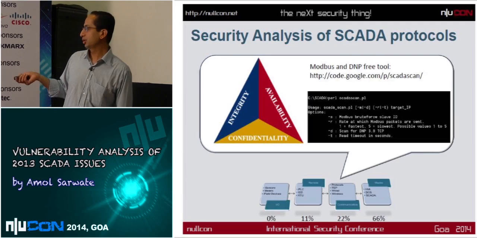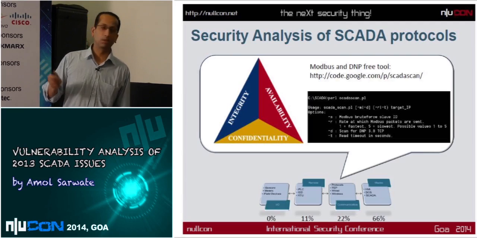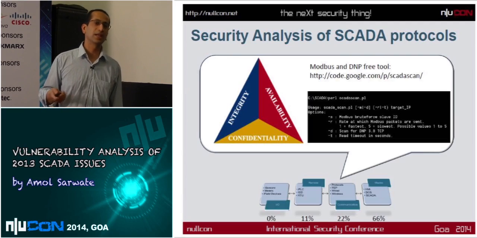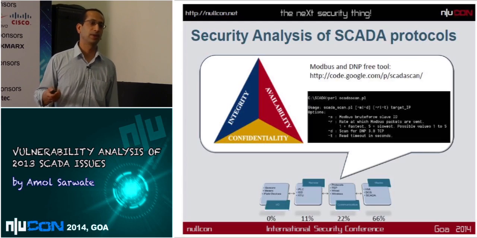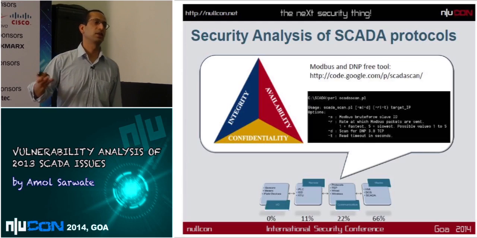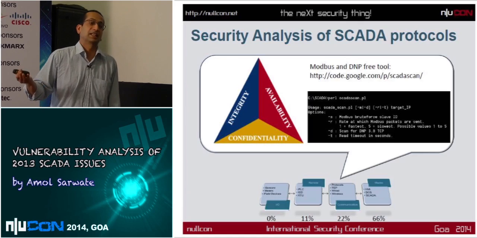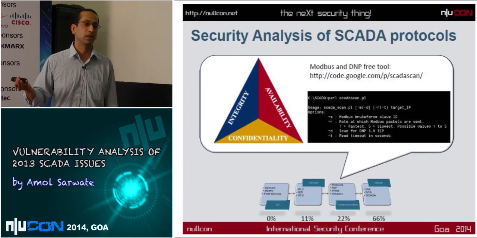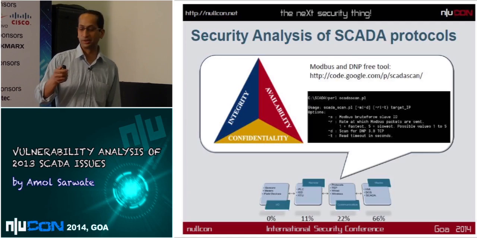If you connect to, for example, a Modbus server, it won't ask you who you are. It won't ask you for a password or anything. You can just connect to a server as long as you know where it is and give it instructions and it will follow your instructions. So man-in-the-middle is not even an attack. You don't need to do anything to really exploit this.